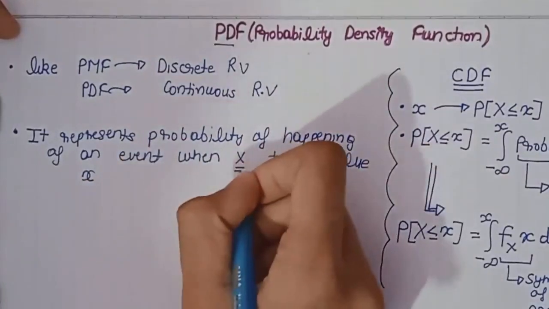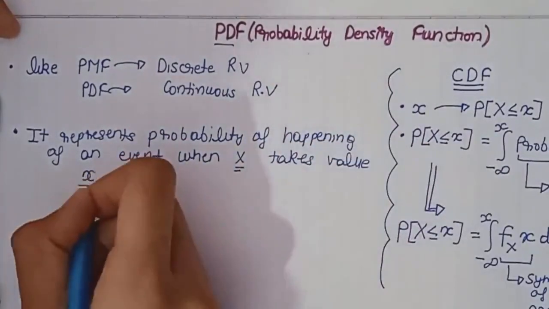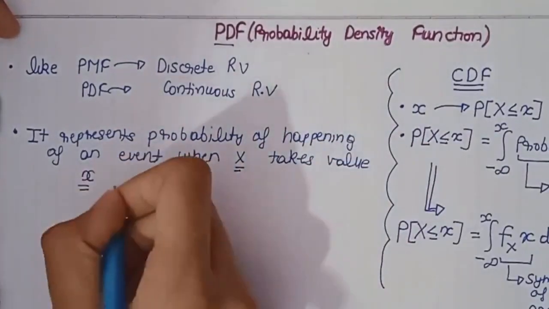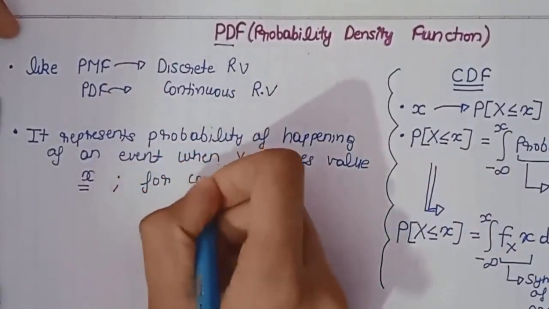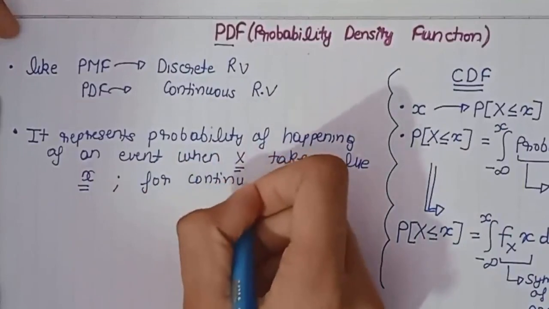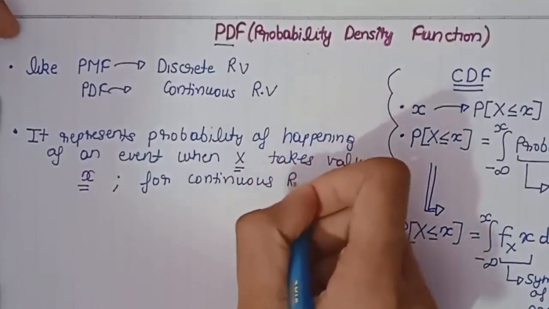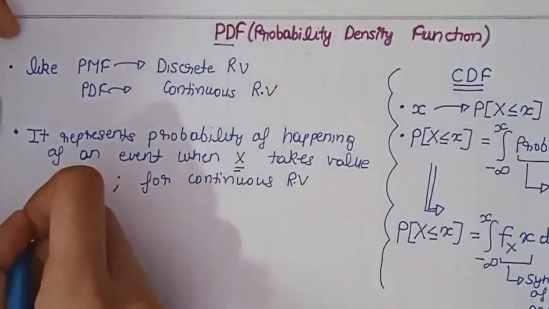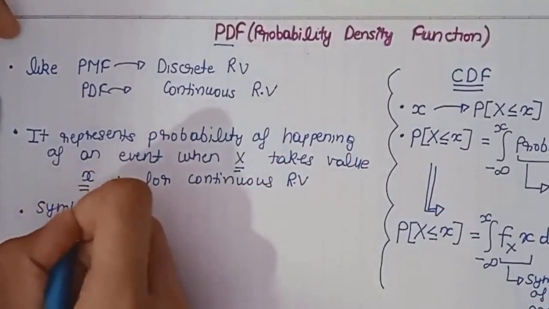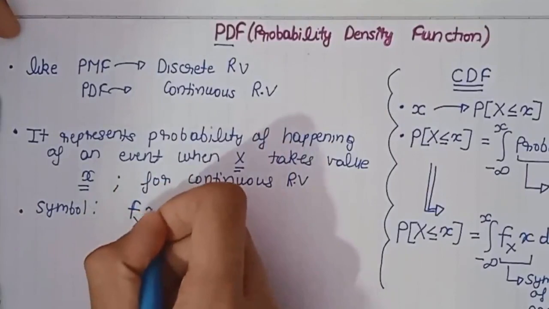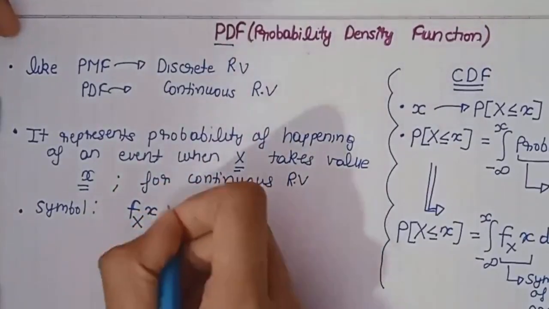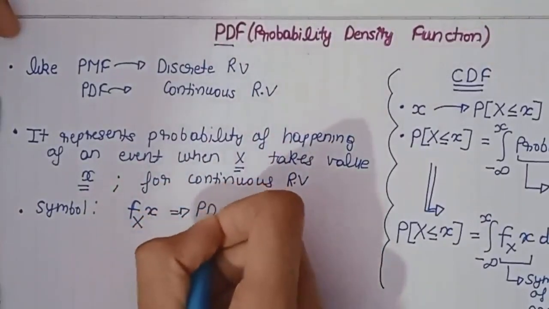Here this capital X is a random variable and this small x represents the real number values. And as I have told you, in the PDF case this is for continuous random variables. It is represented by the symbol small f, subscript capital X, and here small x. This is the symbol for PDF.